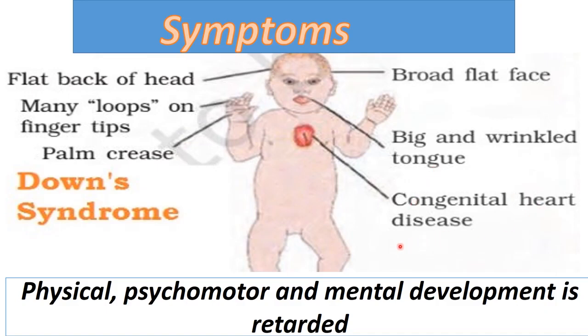Okay, so these are the symptoms which are found in a child having Down syndrome. Other than these symptoms, the child will be physically weak, okay, and psychomotor and mental development is also retarded.